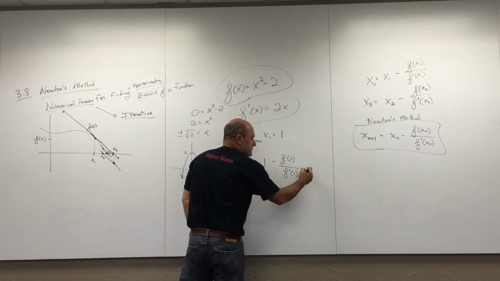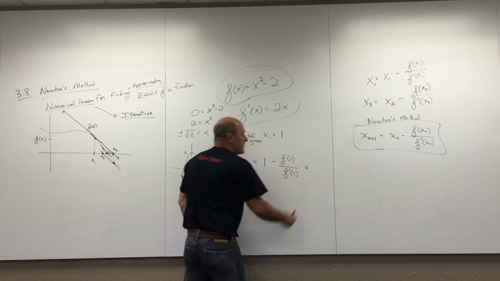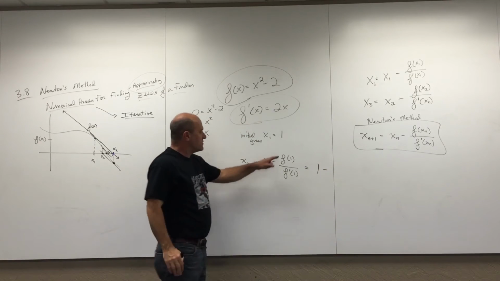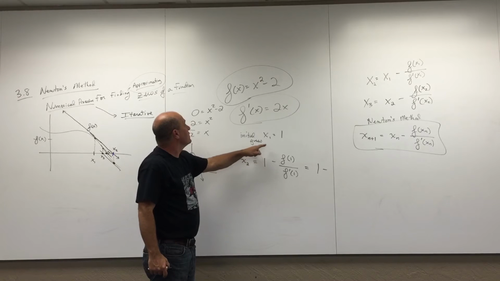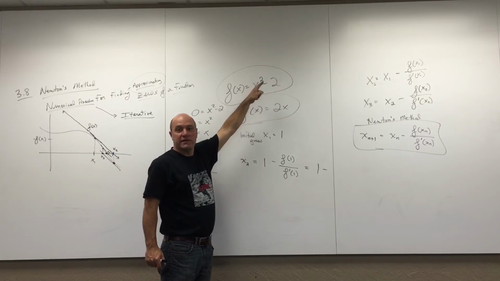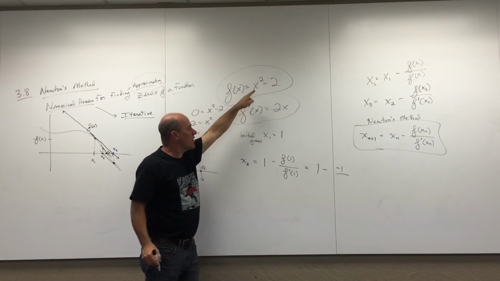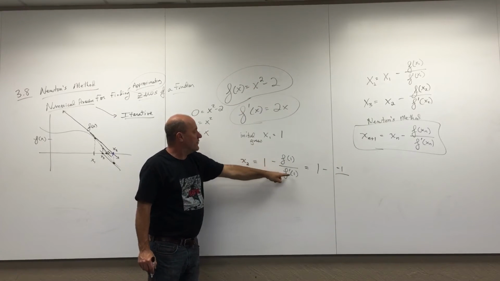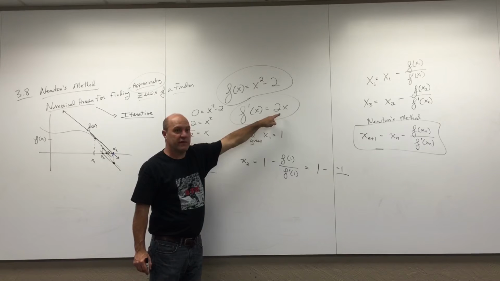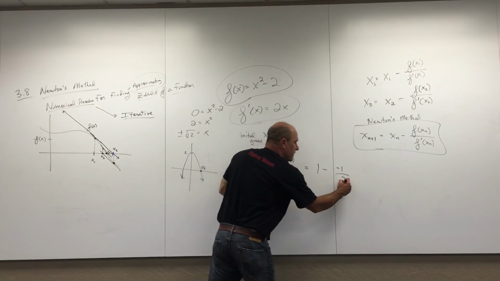Now, let's do that. 1 minus, what happens when you plug a 1 in your function? 1 minus 2. You get a negative 1 over, when you plug a 1 in your derivative, you get a 2.